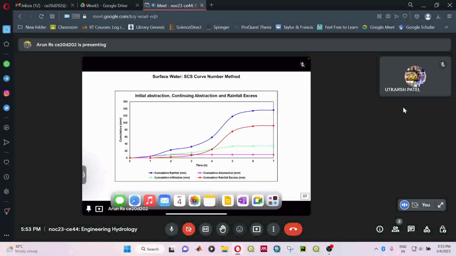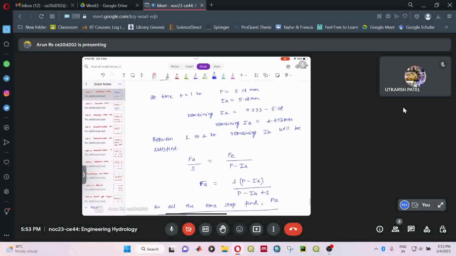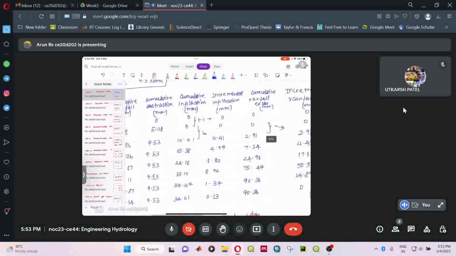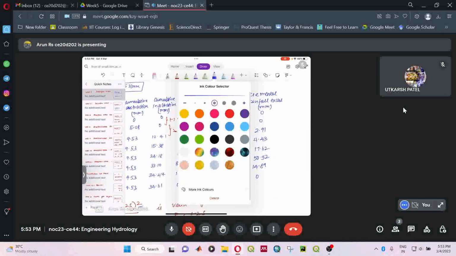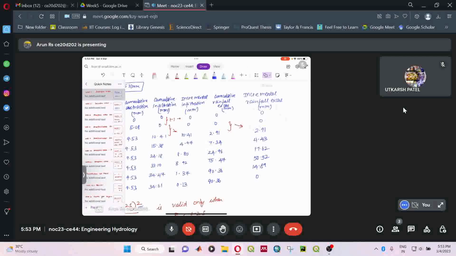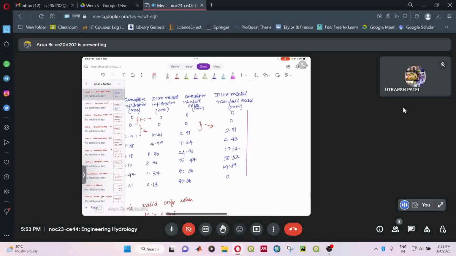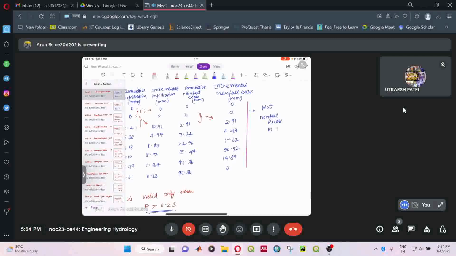And if you plot this with respect to time, this is your plot of the excess rainfall hydrograph. Plot rainfall excess versus time.